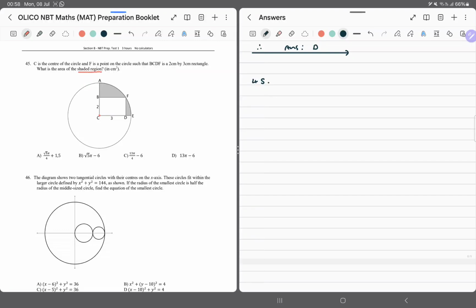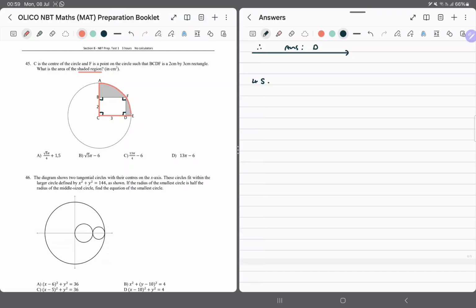So again, once we have this, we need to look at this and ask what we are dealing with here, folks. Now, a rectangle is suggesting that these angles are all 90 degrees. So this already tells us that this is an area of a sector.